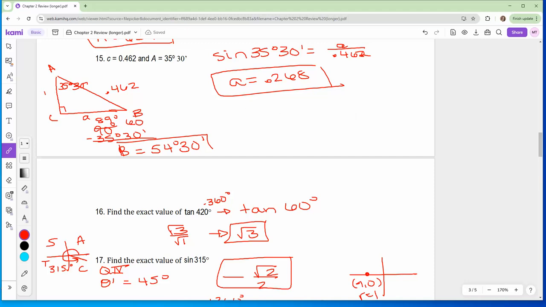You could do Pythagorean theorem or another trig function to get B, so we might do cosine. And if we do significant digits, it's 0.376.